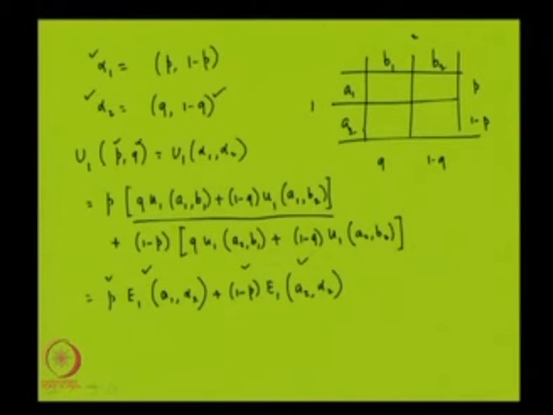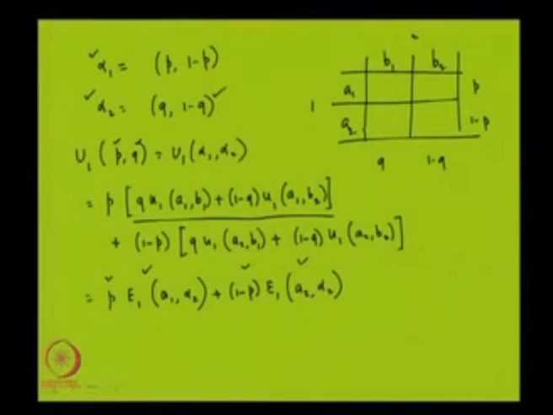This E1 is telling me the expected payoff to player 1 if he plays A1, and this E1 is telling me the expected payoff to player 1 if he plays A2, and the weights being the probabilities with which player 1 plays A1 and A2. Now, from this it is easy to gauge what the optimal action of player 1 will be.